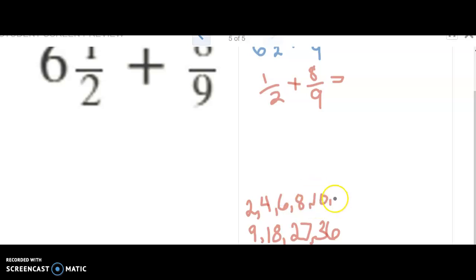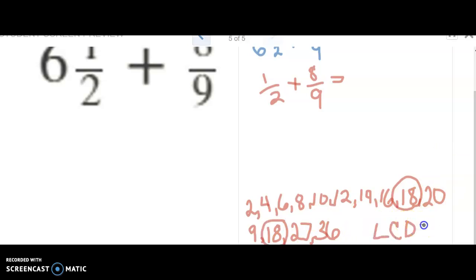So far I don't see any, so I'm going to keep going. 12, 14, 16, 18, 20. Oh, wait. I see one. I see that we have the common multiple of 18. So our LCD is going to be 18.